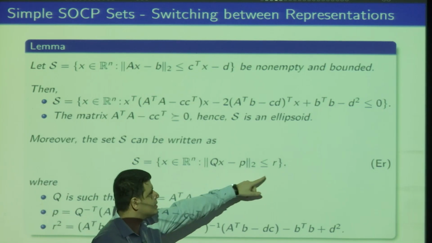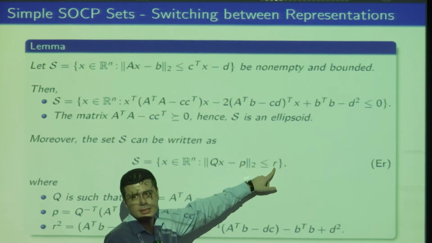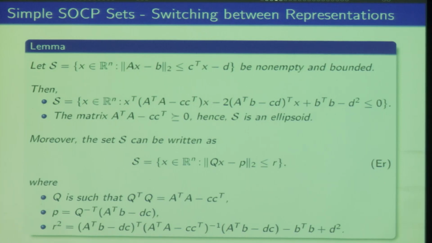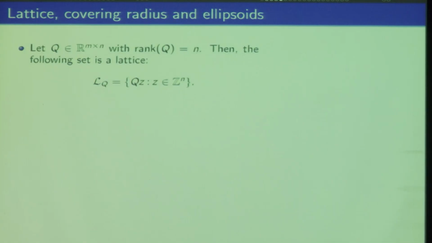What do I mean by this? This is a constant now. It doesn't depend on the variable x. And there's a tedious formula that does it for us. I will denote this by ER, the ellipsoid representation. I will be referring to this later on.